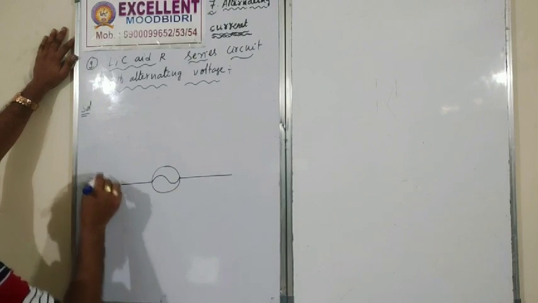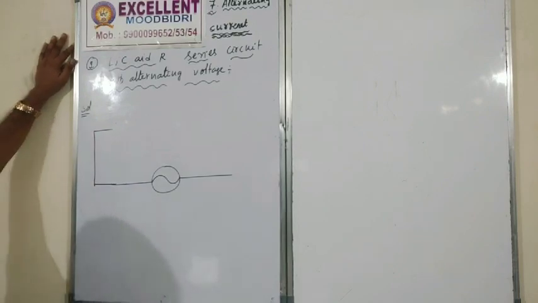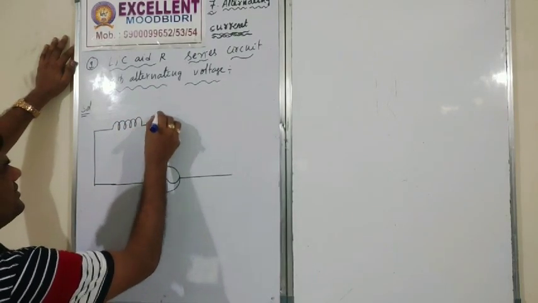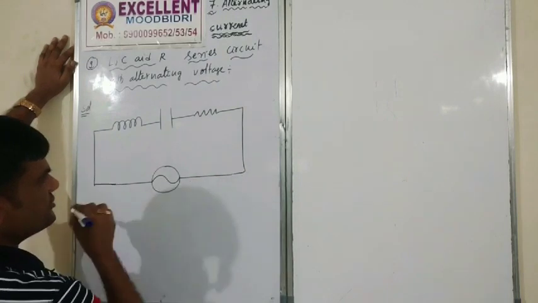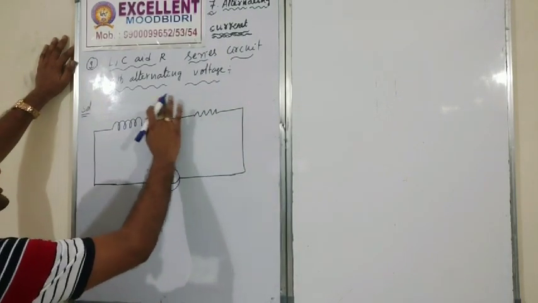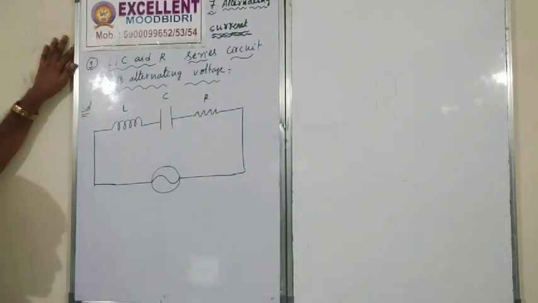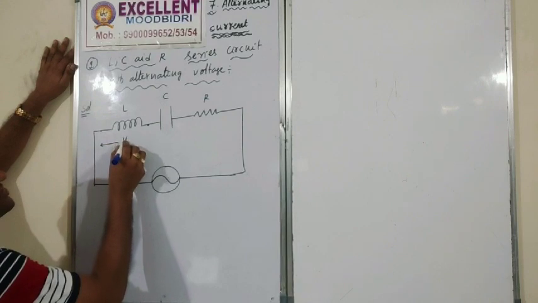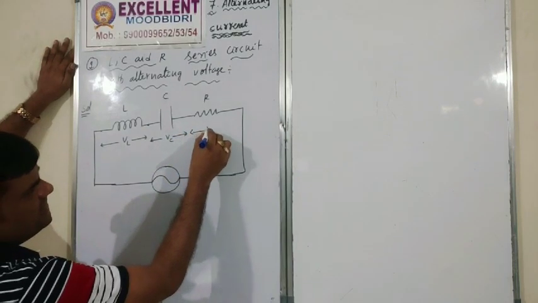I will give you the diagram: LCR series, with L, C and R. This is the capacitor C, this is the inductor L, this is the resistor R. The potential here is VL, this is VC, this is VR.